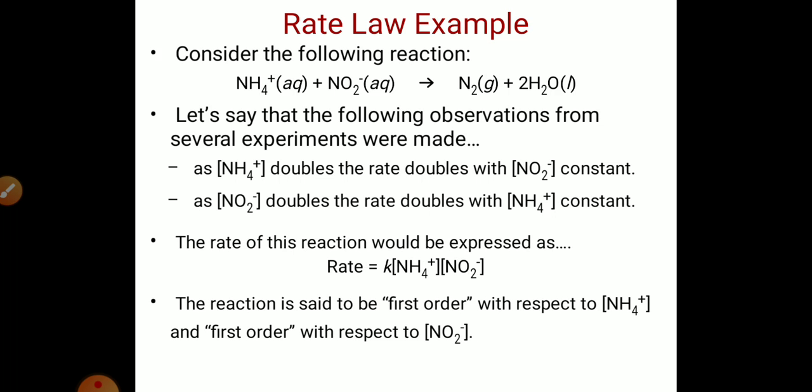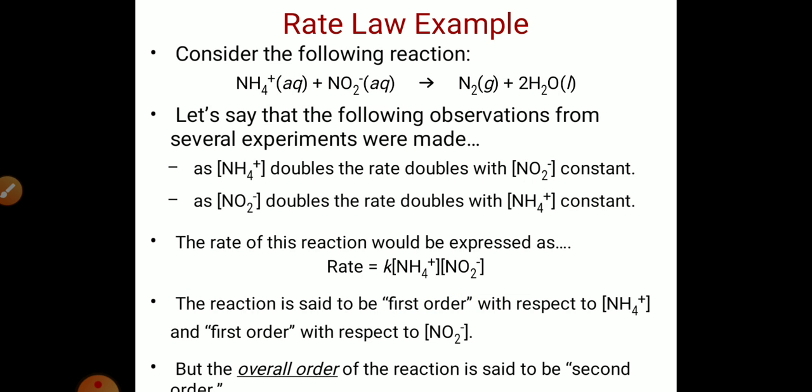Okay, here you can see that when NH4+ doubles with NO2- constant, the rate doubles. As NO2- doubles, the rate doubles with NH4+ constant. The rate of this reaction would be expressed as rate equals K concentration of NH4+ concentration of NO2-. The reaction is said to be first order with respect to NH4+ and first order with respect to NO2-.